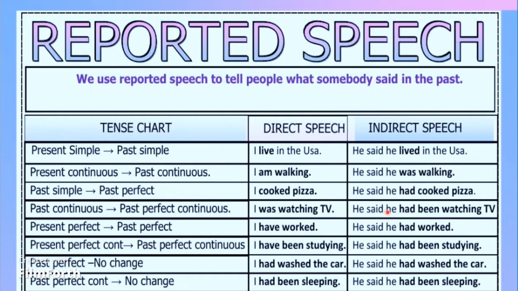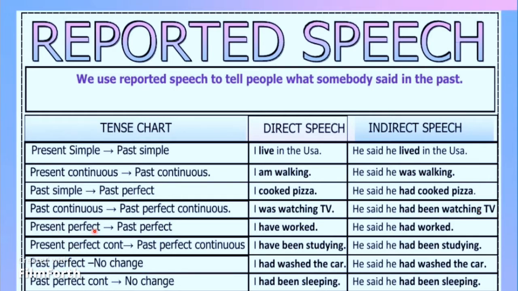"He said that he had been watching TV." Please remember, children, wherever "have" or "had" is used, it becomes perfect. So present perfect or past perfect. "Have," if it is used, it's present perfect. If it is "had," past perfect. So you have to use "had been watching TV" here.